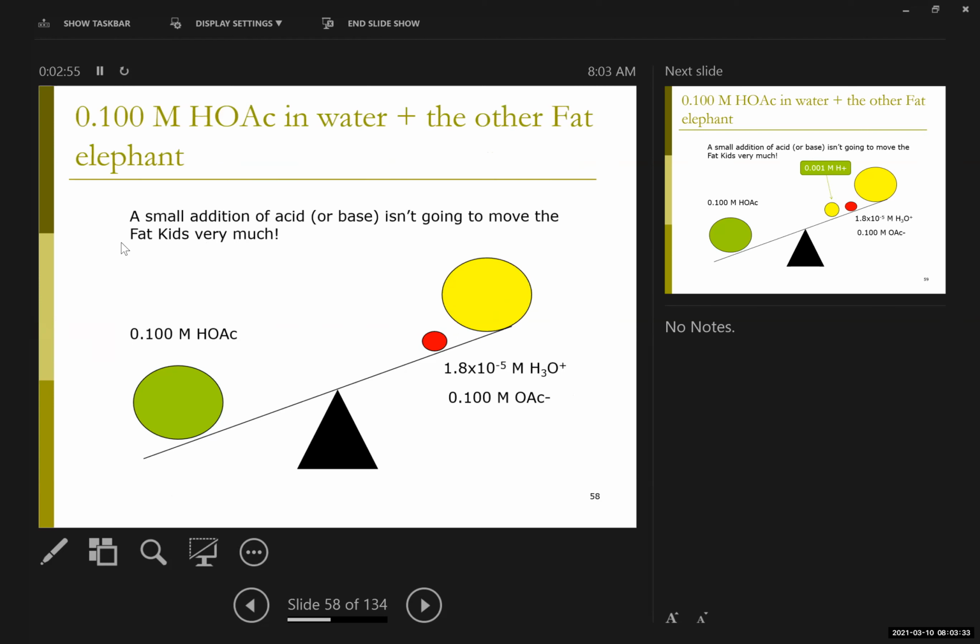On the other hand, when I've got this big initial amount of acetate, I have far less hydronium because my equilibrium constant hasn't changed.